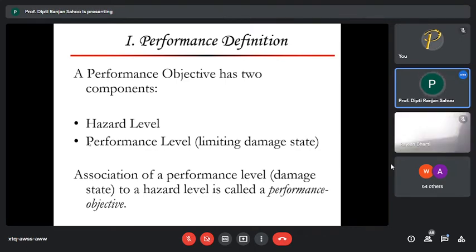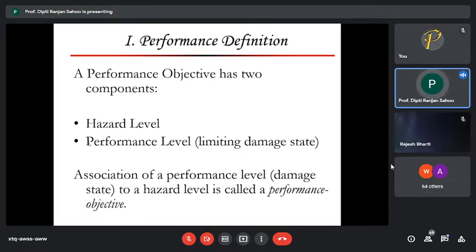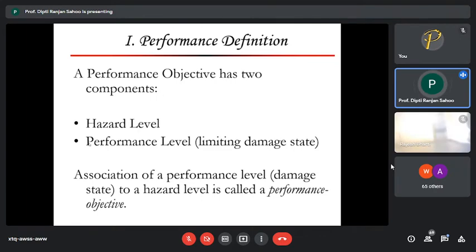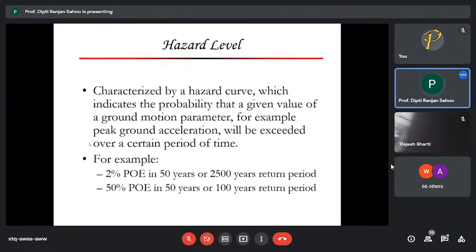Which are those members? That is called the statement relating the structural performance with a particular hazard level. Hazard is always input related to earthquake. Performance is always related to the structural response. That's called the performance objective, and that is how we define the performance.